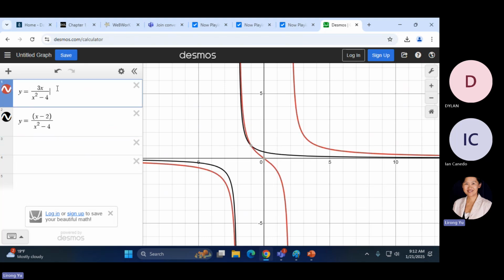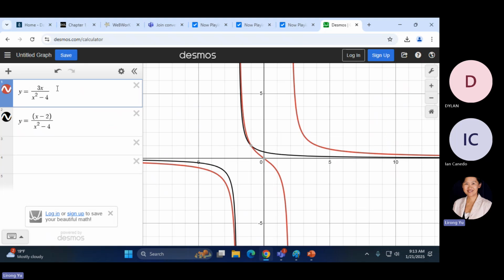The red one has two vertical asymptotes, one at negative 2, one at positive 2. Now the black one, the second function, has x minus 2, and here's x squared minus 4. x squared minus 4 is x minus 2 times x plus 2. So you can see the x minus 2 is being canceled.